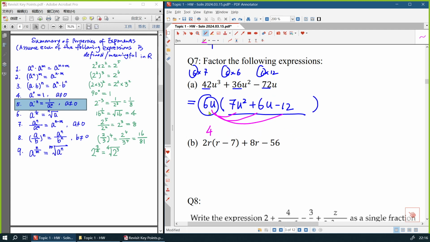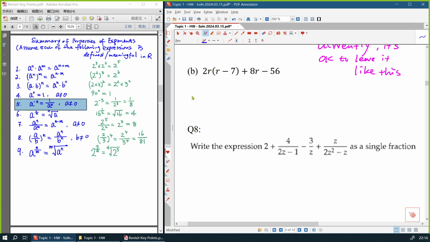Actually we can further factorize the expression here, but currently let's just leave it because we haven't learned the method. We'll talk about other factoring methods in future chapters, okay?